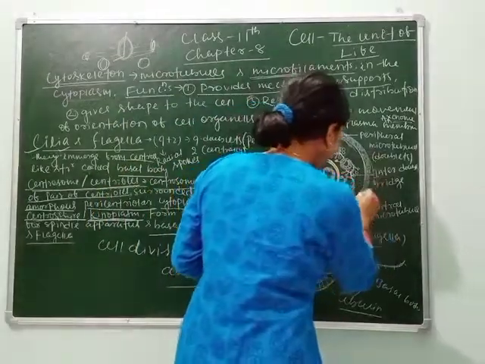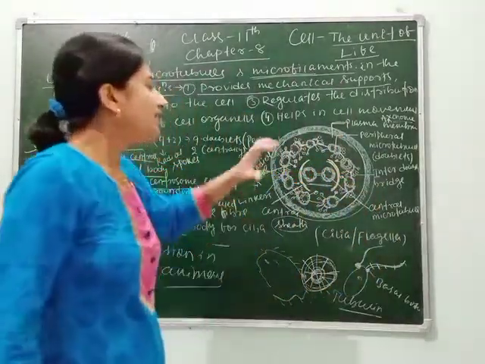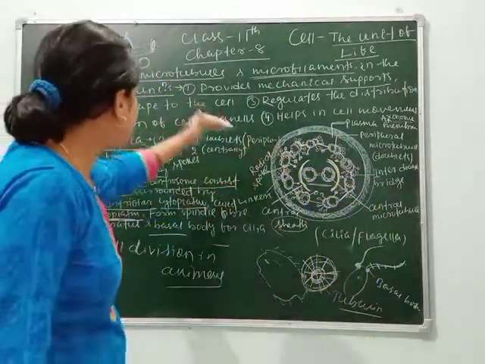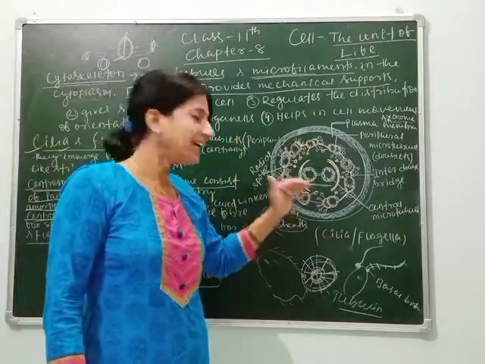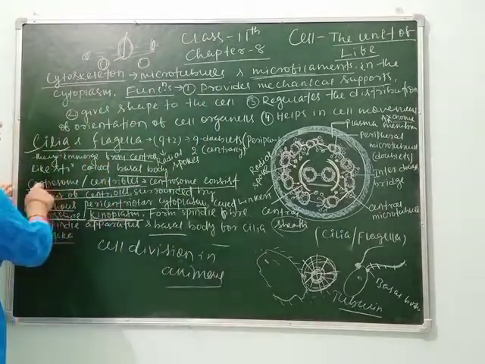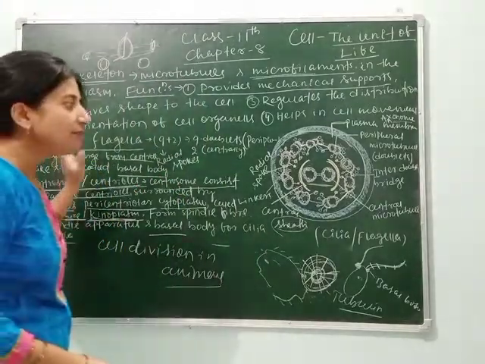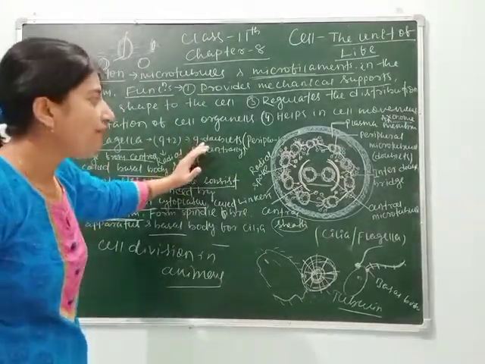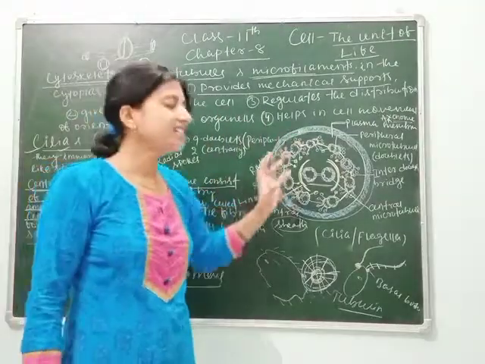Again, I have told you that the structure of cilia and flagella is similar to the structure of centrioles and centrosomes. Why? Because the basal body forms the centriole and centrosome.